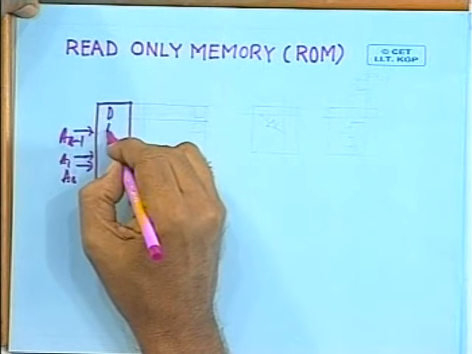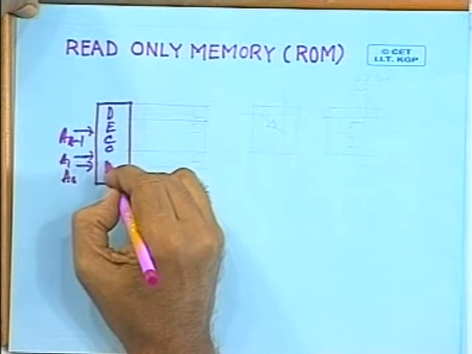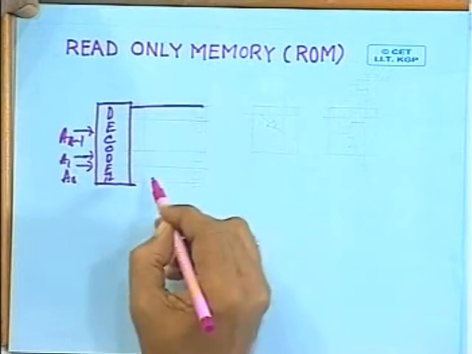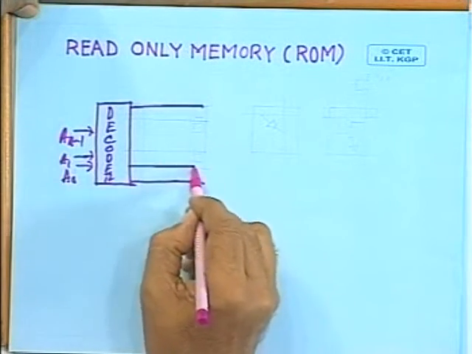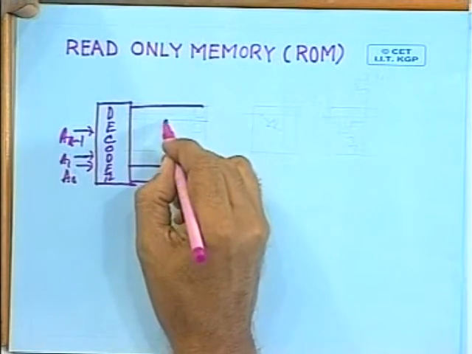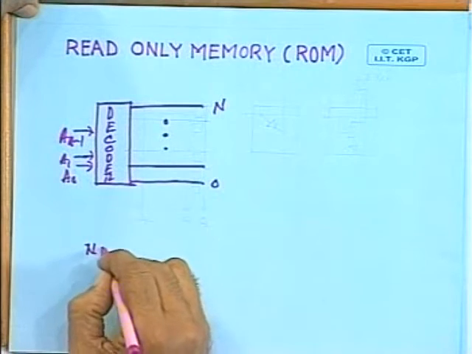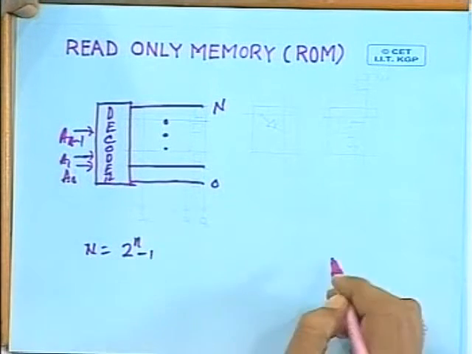And this goes to a decoder, and the decoder generates the decoded lines, 0 to 2^n minus 1.